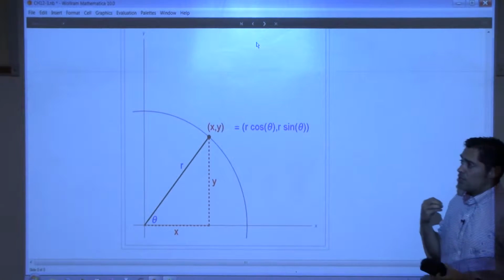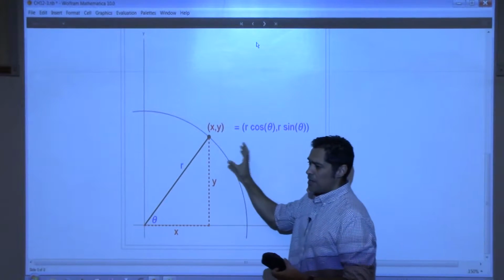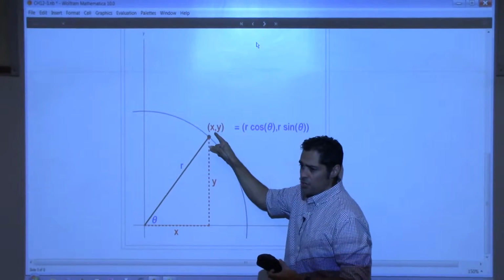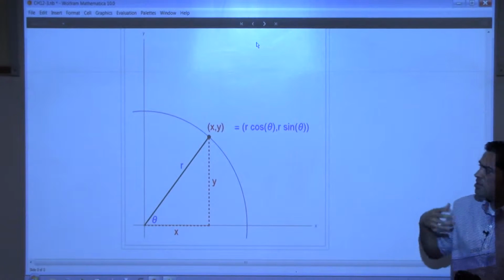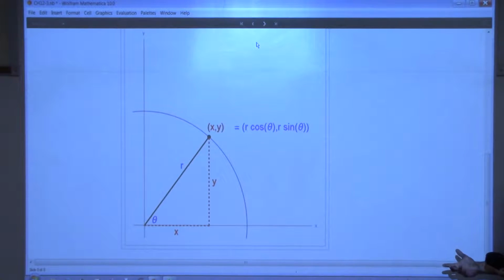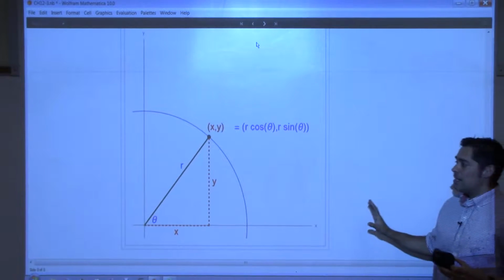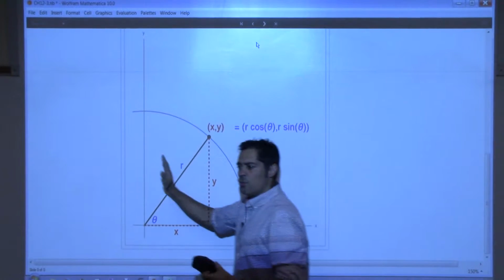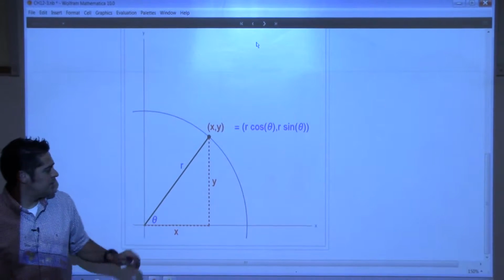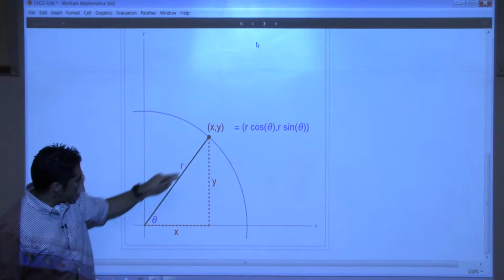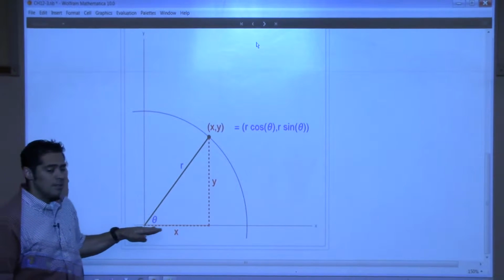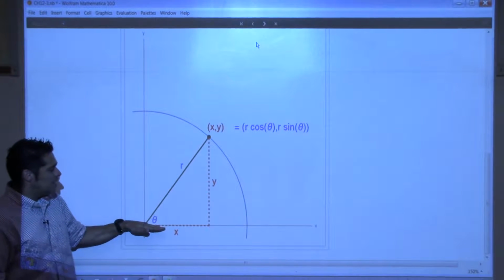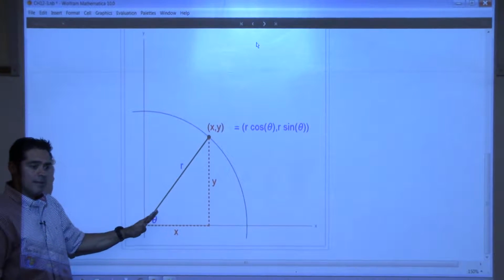So in order for me to describe a point in 2-dimensional space using Cartesian, I need 2 things, don't I? X and y. But there's another way to get to that same point that eliminates the need for the x and y axes. If I want to get to this point, I can instead point out this direction, still in the direction of the x-axis, and tell you how much to turn by.